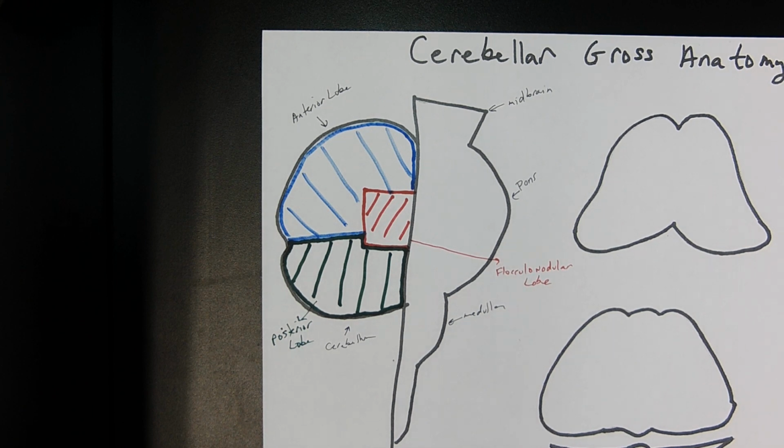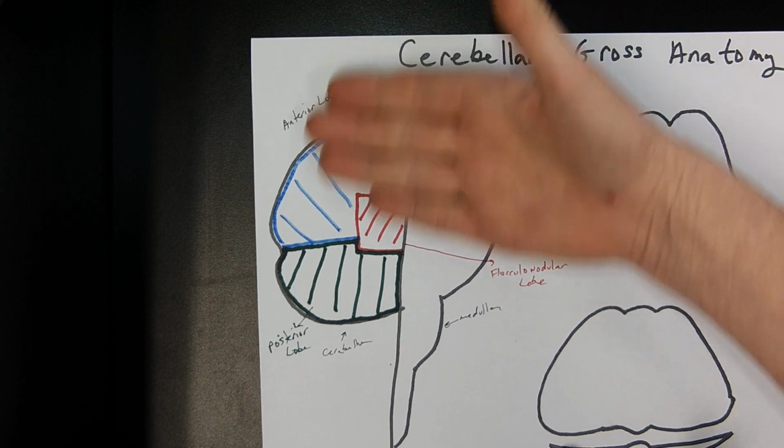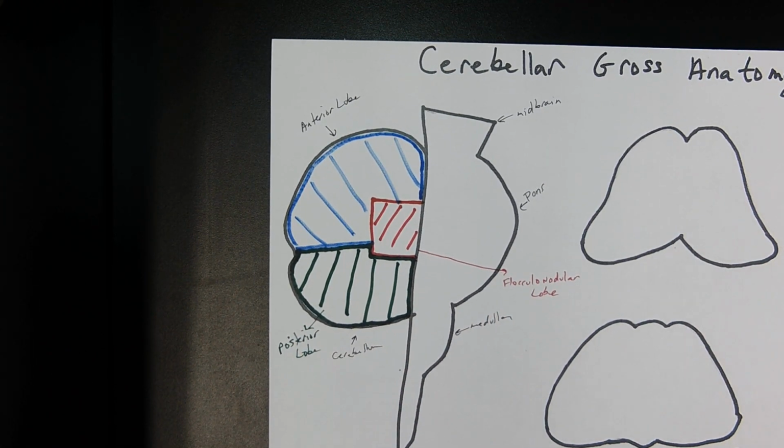This is just basic gross anatomy, nothing more. No functions associated yet. We'll get the functions here in a minute. So three basic parts of the cerebellum: your flocculo-nodular lobe, your anterior lobe, and your posterior lobe. Okay? This is just straight sagittal section, up and down.